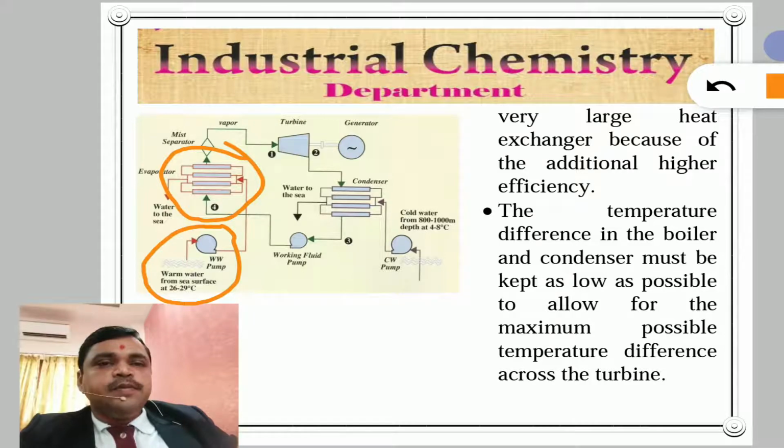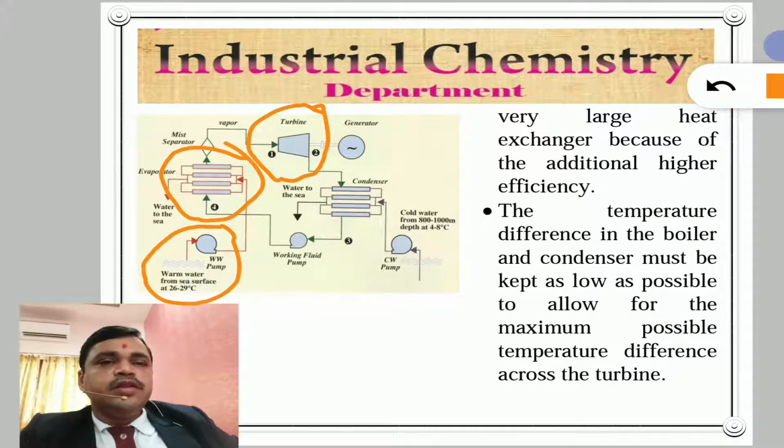Now this flash vapor of refrigerant is passed into the turbine which converts heat energy into mechanical energy, and this turbine is joined with a generator which generates electric power.